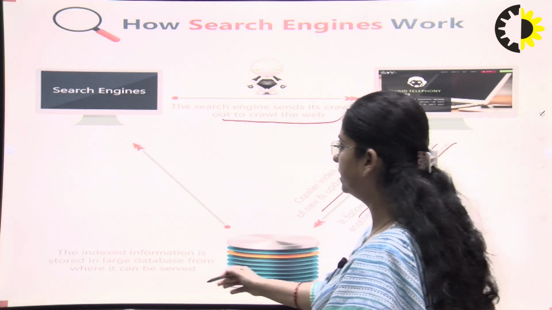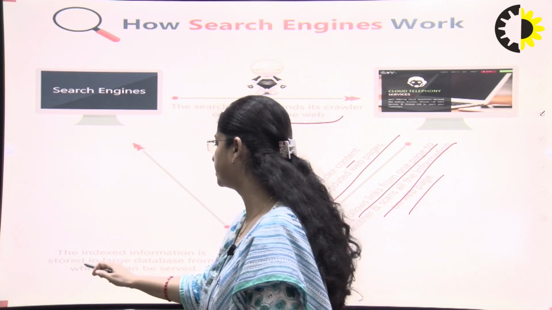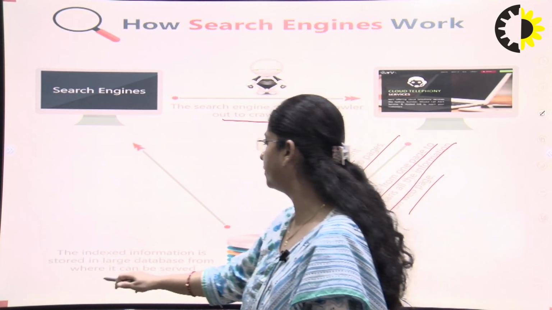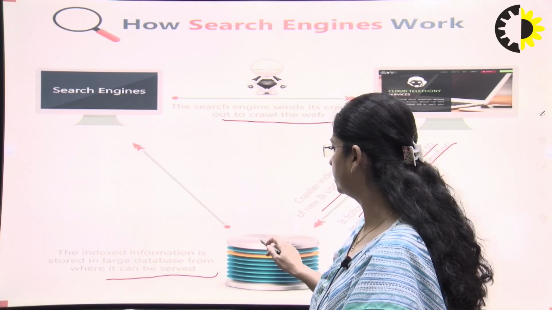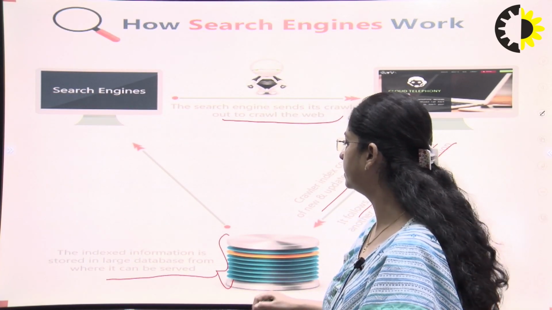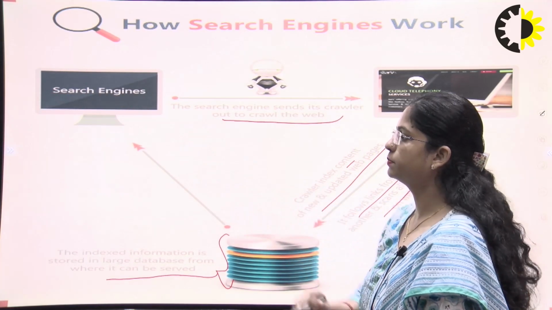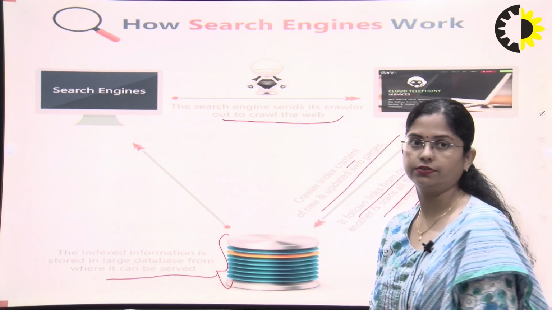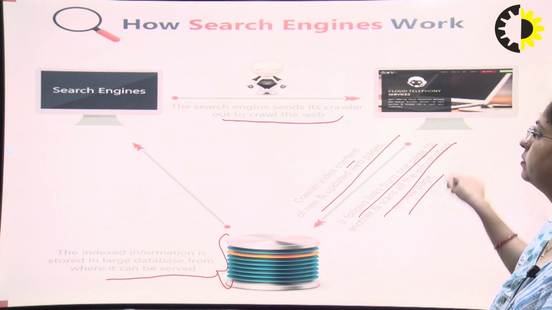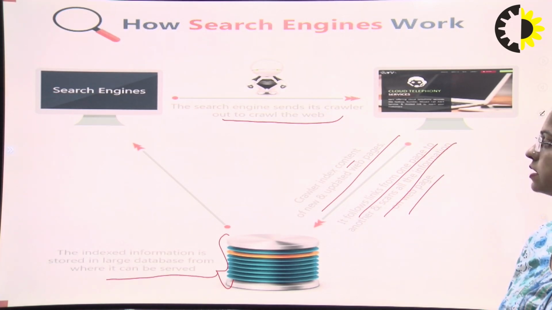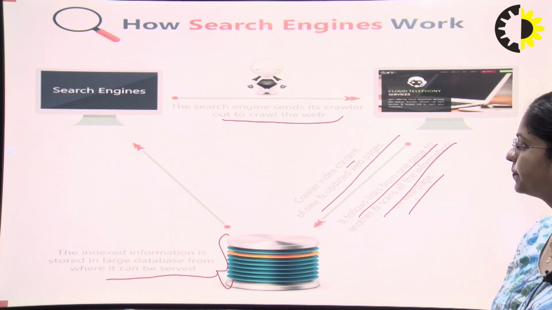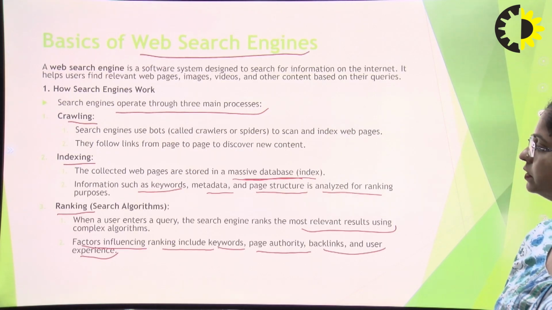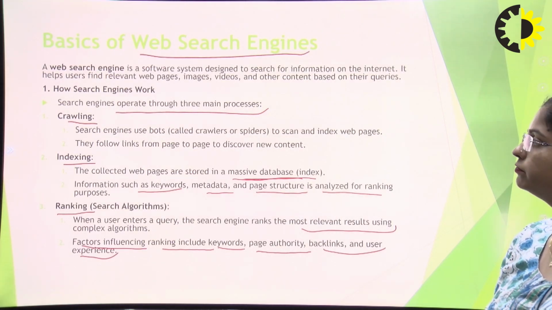Then the indexed information is stored in a large database from where it can be served. So through this database, the data is picked and then this particular data or link is served to the search engine. This is the diagram showing how the crawler, index, and ranking search algorithm work.